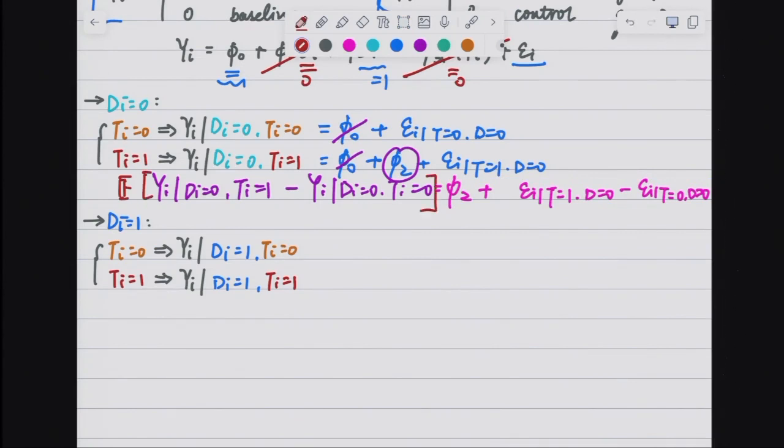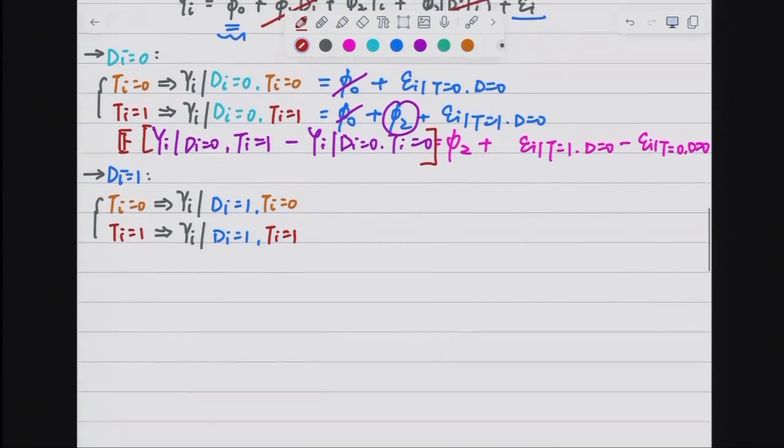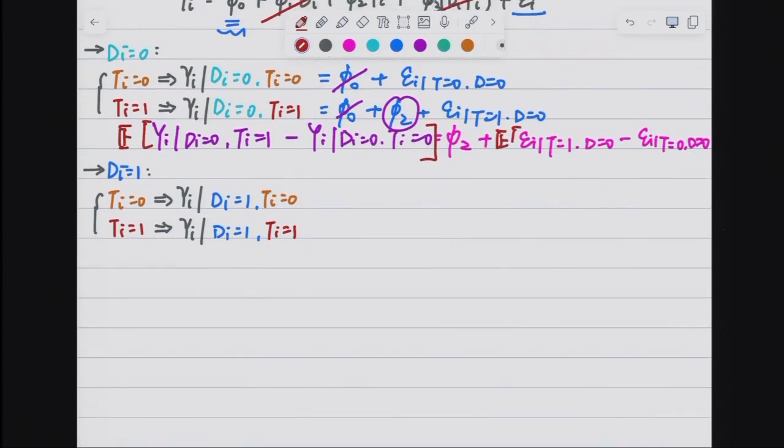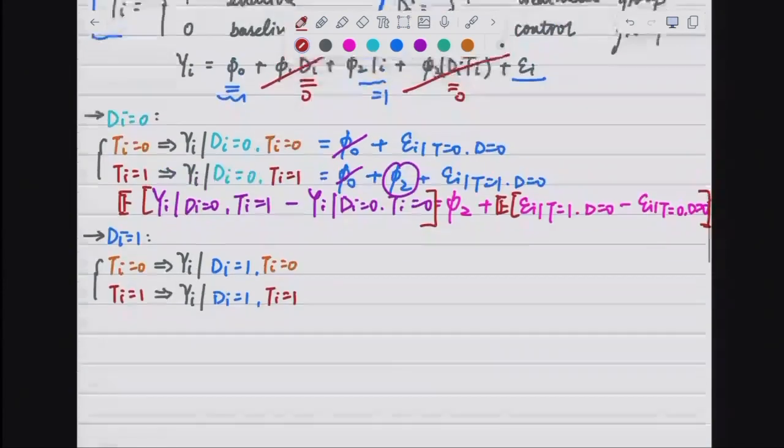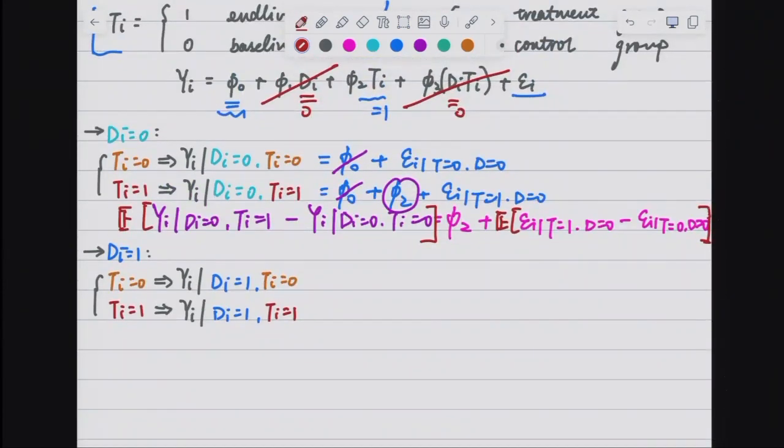The expectation of phi 2, which is just a constant, is itself, so we only need to take the expectation of this error term of the causal model. So this is what we get for those in the control group. Everything here is causal. We're looking at a causal model, not the regression model.